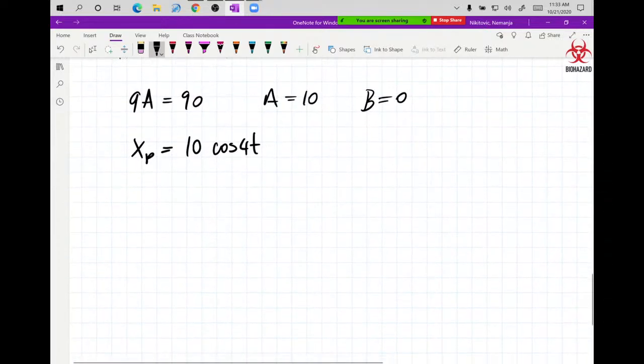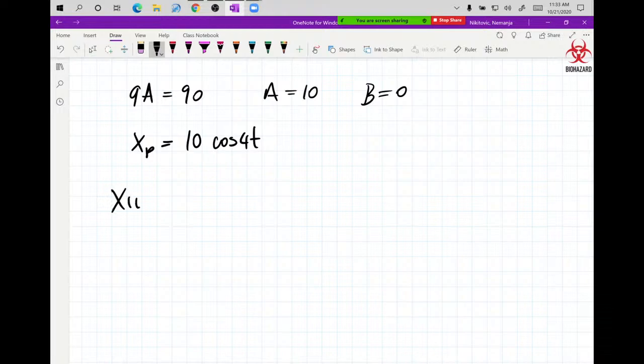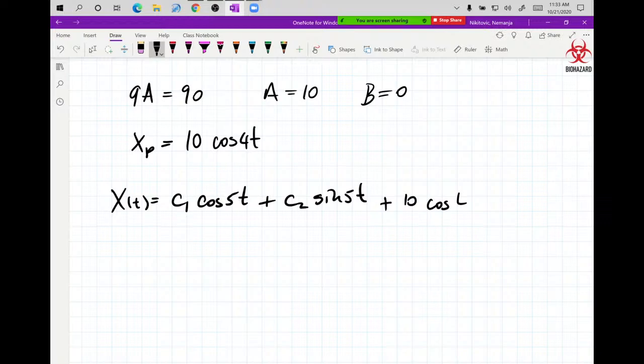So now I have the solution. X of t is c1 cosine 5t plus c2 sine 5t plus 10 cosine 4t. And we had now our initial conditions, x of 0 is 0, and x prime of 0 is something else. What was it?